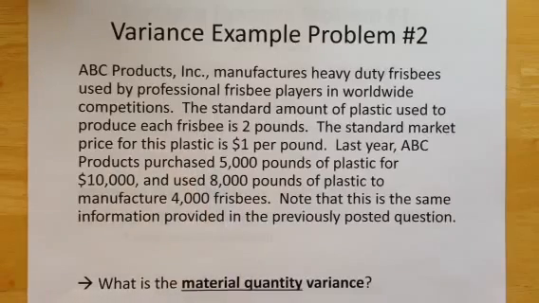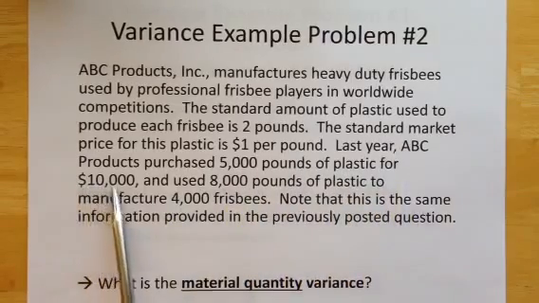We're not always told everything that we need exactly as we need it to solve a problem. So in this case, we know we purchased 5,000 pounds of plastic for a total of $10,000 this past year.